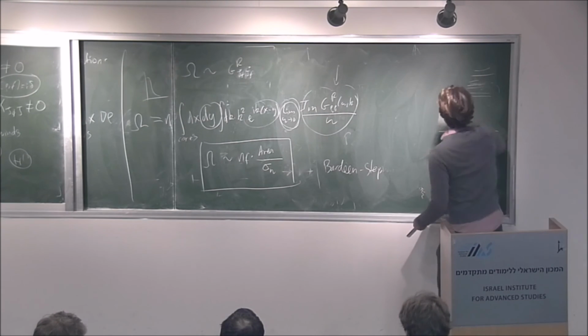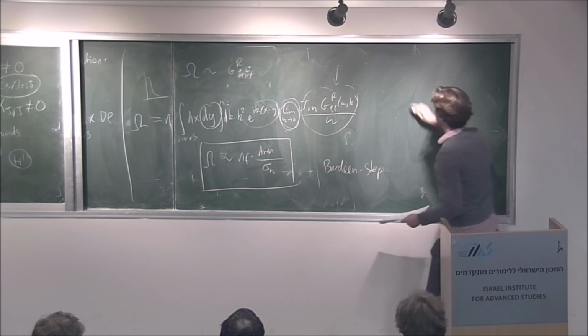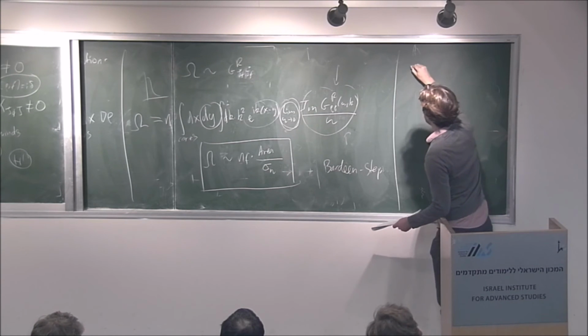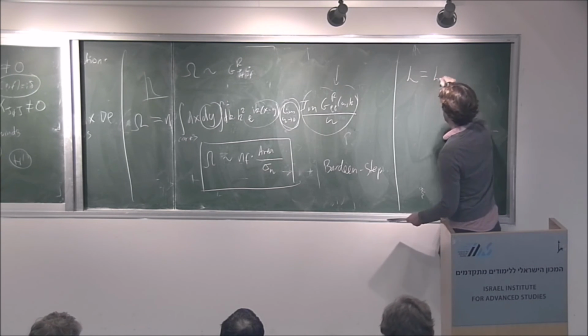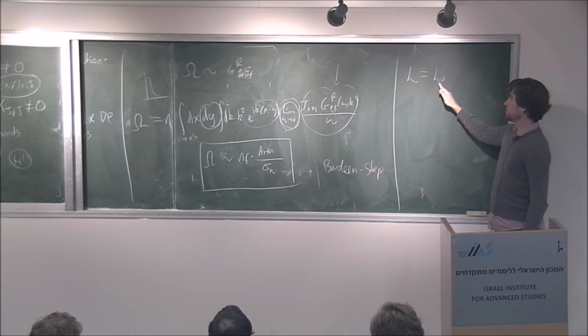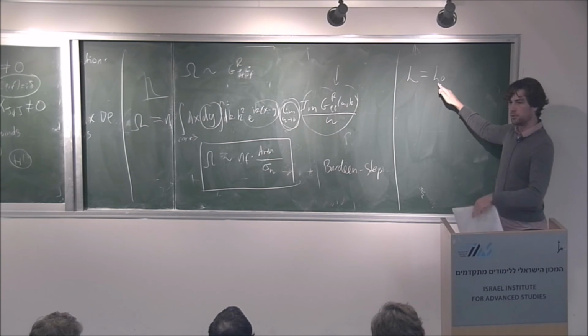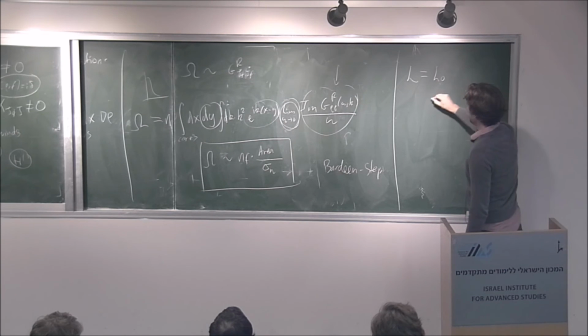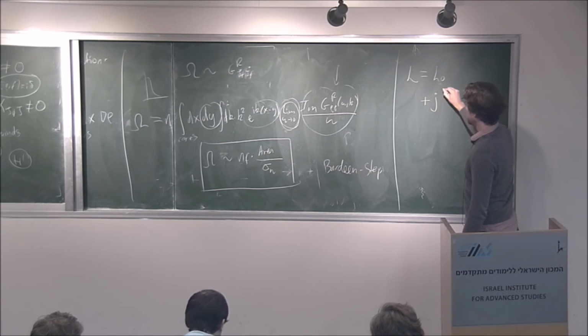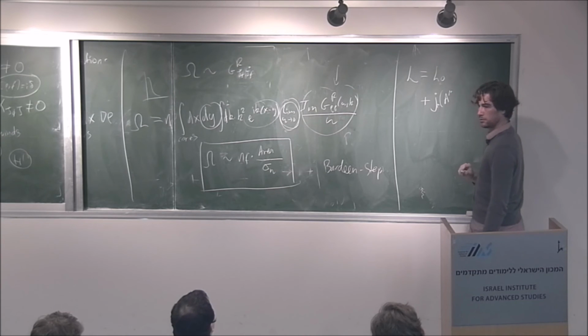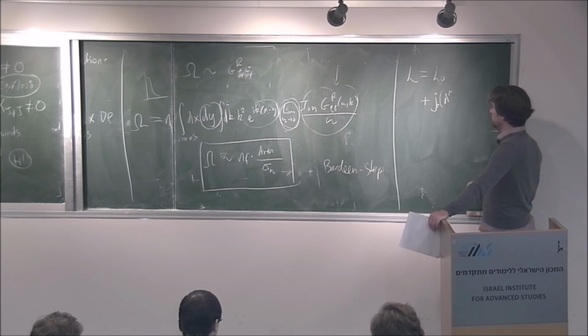If you have a Lagrangian L, there's some L0, a Lagrangian that if it were left to its own devices would become superconducting. This Lagrangian has some electric current J, and this current J can couple to an external electromagnetic field. This is what you normally have.